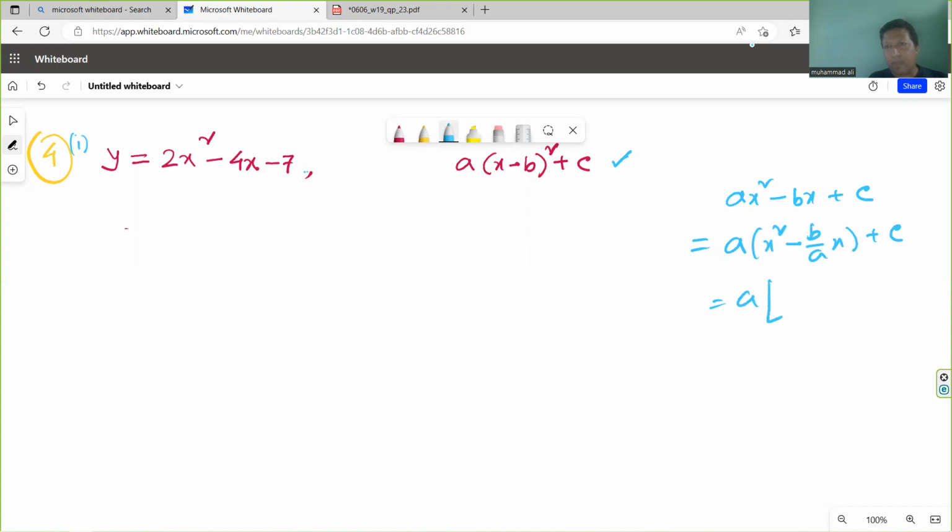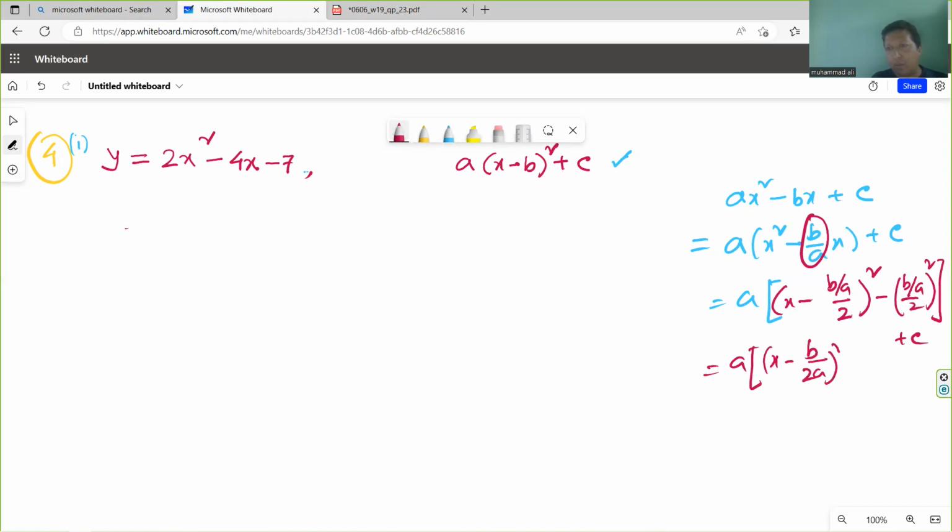After that, divide the coefficient by 2, so it will be a[(x ± b/2a)² − (b/2a)²] + c.